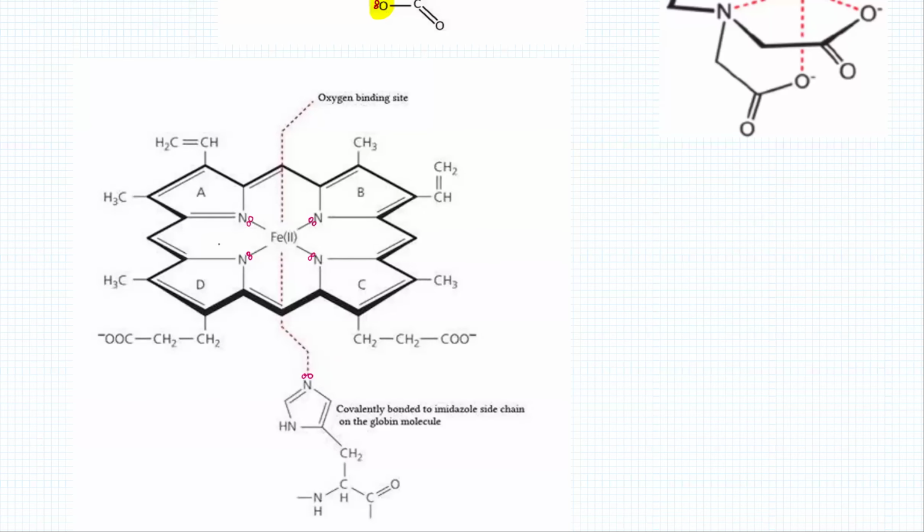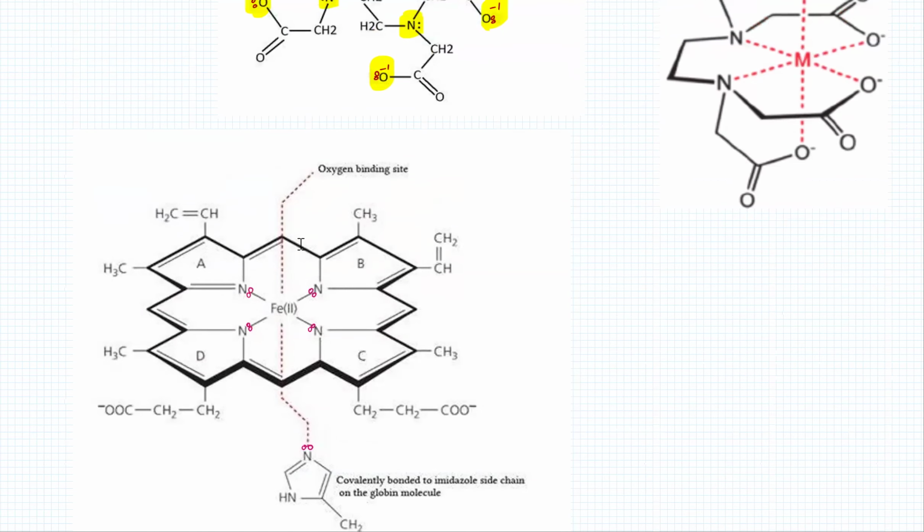So what's the benefit of this? Does it make strong structures? The thing is that the role that the iron plays in your blood, in your red blood cells, is that it has one side that's open. That's the oxygen binding side.